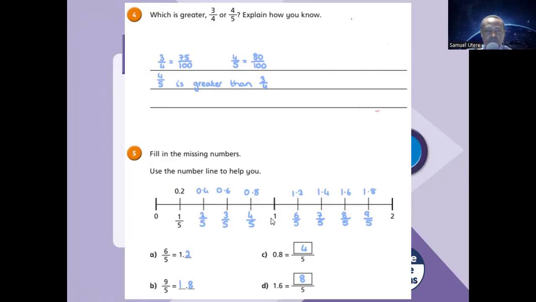Then here we have 1. Between 0 and 1, we have 1, 2, 3, 4, 5 parts. So 1 divided by 5 is 0.2, which is 1/5. That's why you have 0.2. The next one will be 0.4, 0.6, 0.8, and so on. And then you can use the equivalent fifths, the fractions, and here you have them.